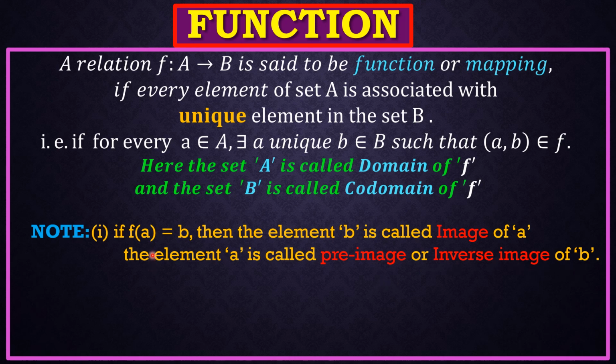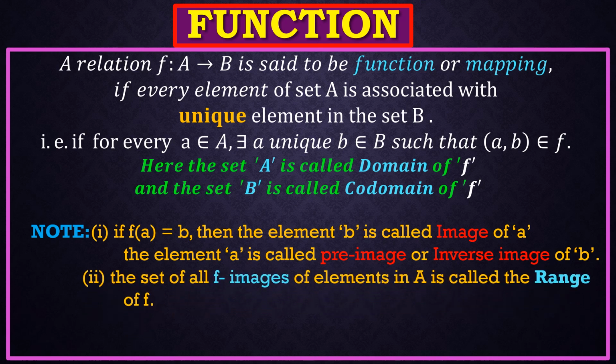Now one type of relation exists between A and B. In that relation, b is called the image of a and a is called the pre-image or inverse image of b. And the second point is, we take the related elements, all the elements contained in the set B that are related, and they form one type of set. That set is called the f images set.